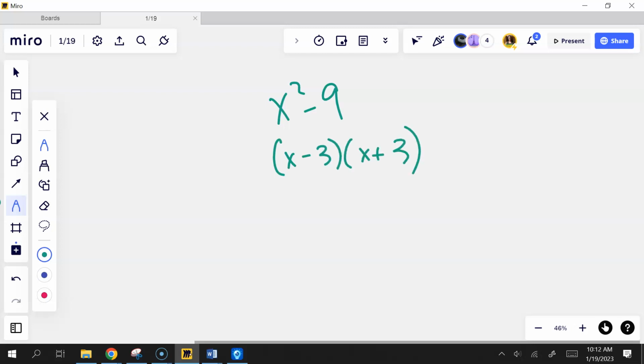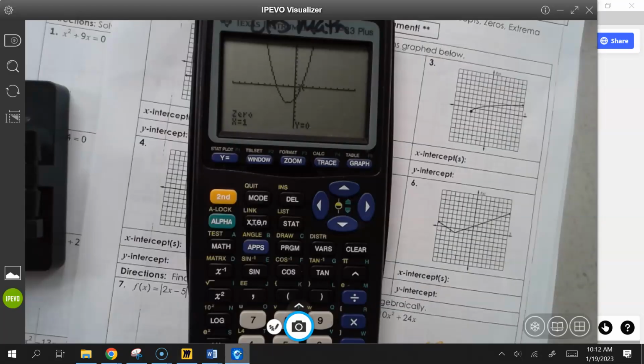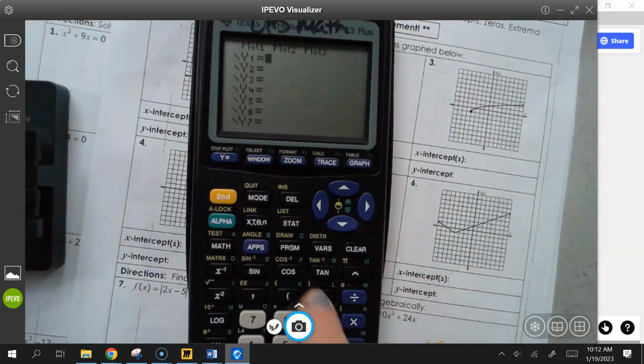So where should this be crossing the x-axis? +3 and -3, because I set each one to 0. I should get 3 and I should get -3, but let's look at the calculator and let's see if that happens. So y equals x squared minus 9.